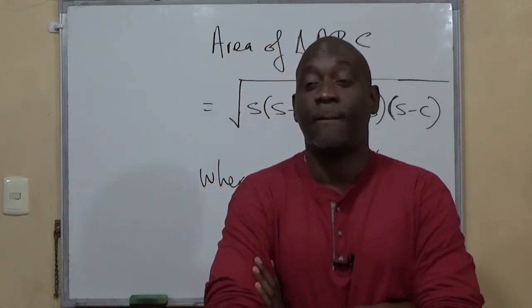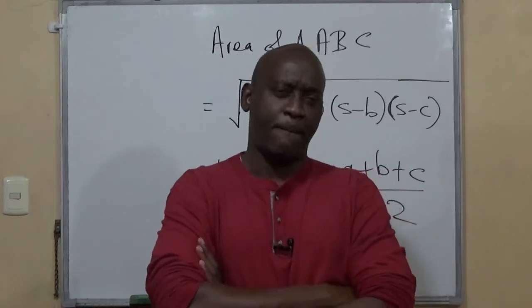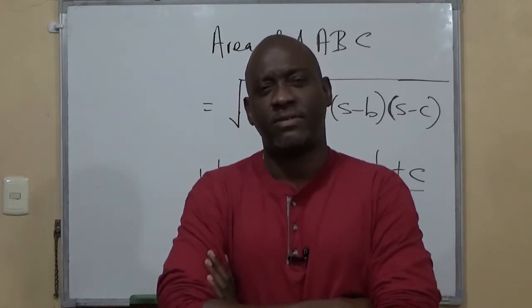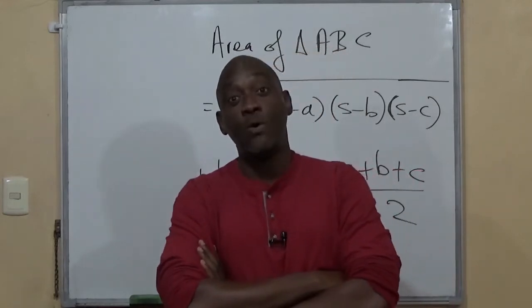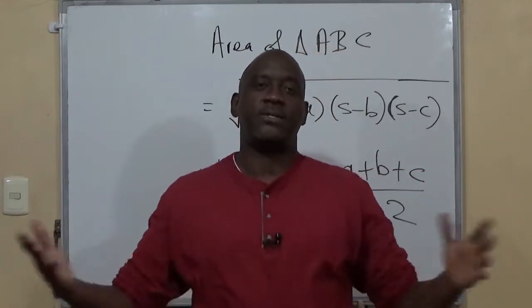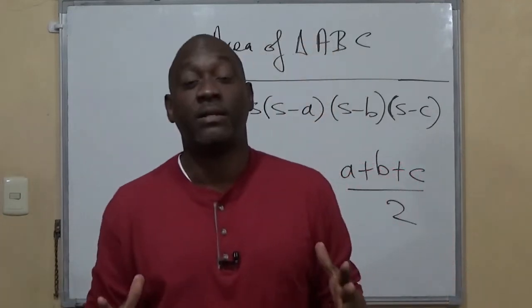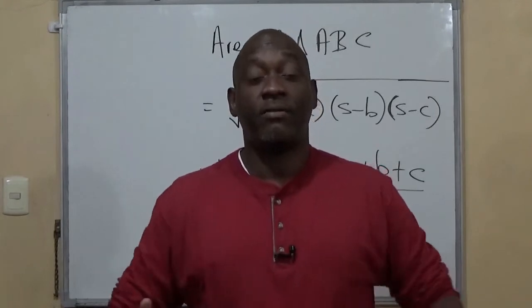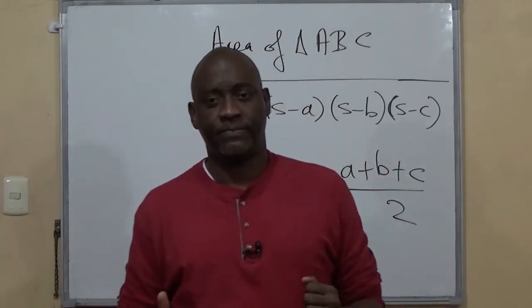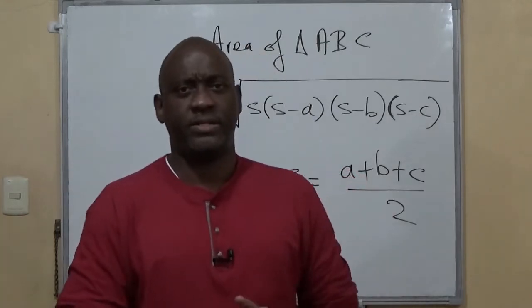You do past papers from 1955 and you never see a question on Heron's formula. So you go and do the exam in 2021 and boom, you get a question on Heron's formula, and you come out of the exam crying and bawling and whining, forgetting that the formula is right there in the formula sheet. Believe it or not, a lot of people don't even use the formula sheet.